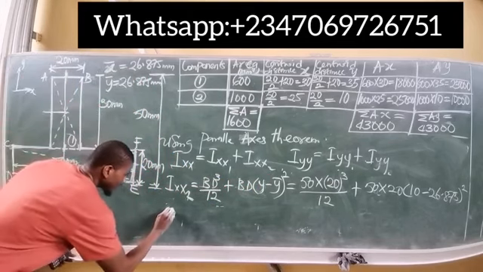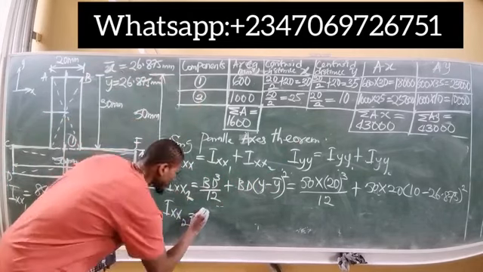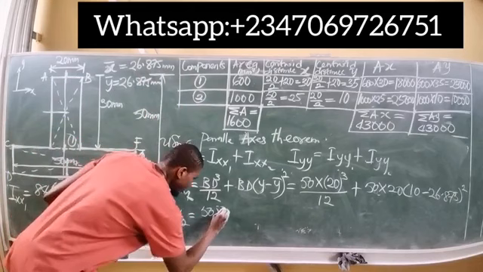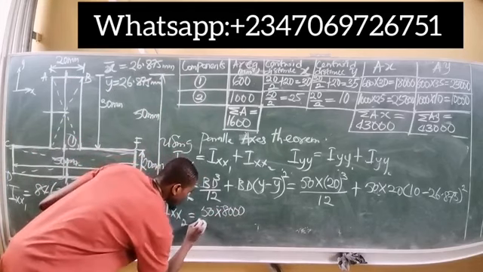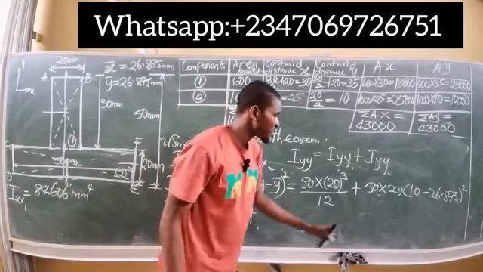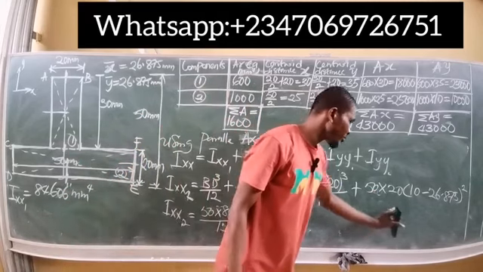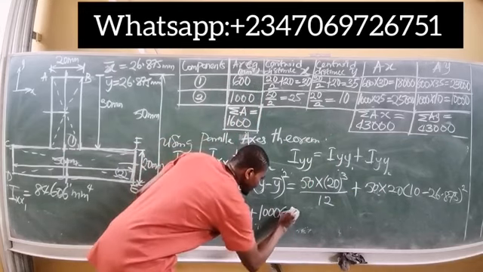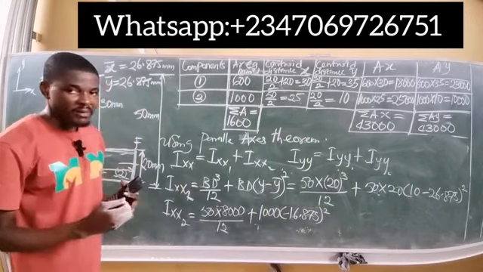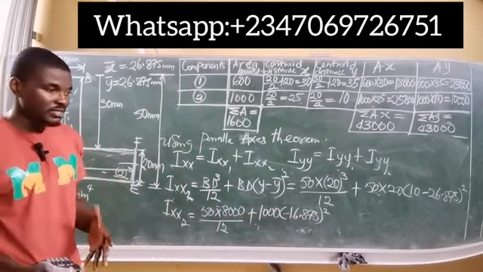So Ixx2 is now equal to 50 by 20 to the power of 3, which is 8,000, all over 12, plus 50 by 20 gives us 1,000, into 10 minus 26.875, which will give us minus 16.875, all squared. Once again, it doesn't matter who subtracts whom. Since you have a square here, if there's a negative sign inside, it will always eliminate the negative sign.